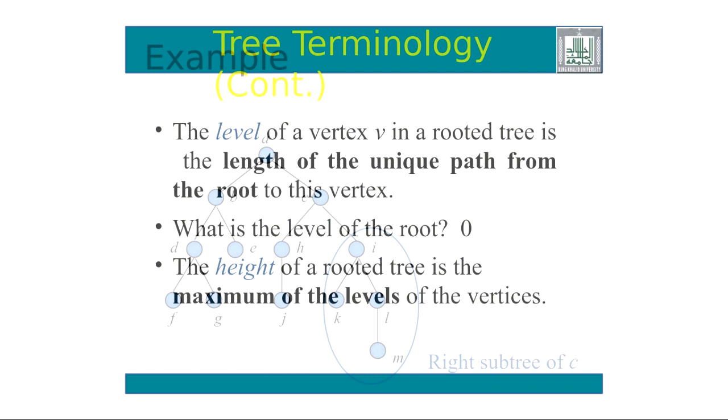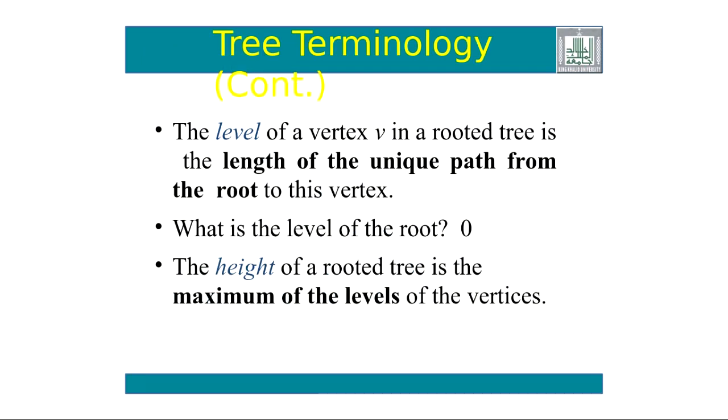And then the level of a vertex. How can we find the level of a vertex? That means the length of the unique path from the root to this vertex. So what is the level of the root? 0. We can say that the height of a rooted tree is the maximum of the levels of the vertices. Consider the example. What is the level of a vertex and what is the height?